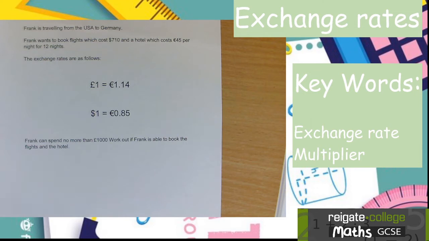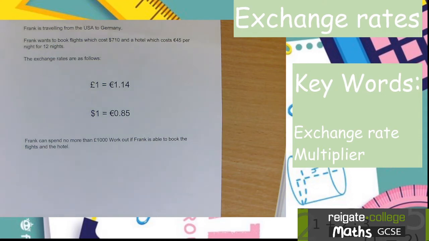The question is asking us to work out Frank's total travel costs and compare to see if Frank is able to book the trip if the trip is less than £1,000.